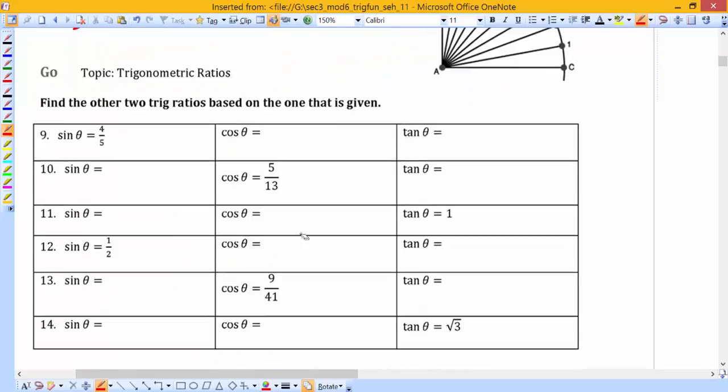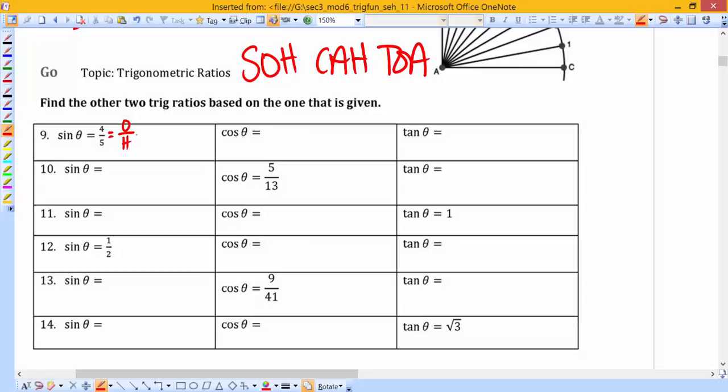And then for the go, you are given one trig function, so sine, cosine, or tangent, and you are going to use that to find the other two. So you are going to need to make sure you remember SOHCAHTOA. Okay, so when I'm given sine, I know sine is opposite over hypotenuse.